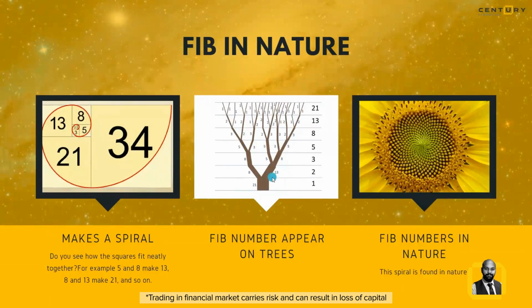Looking at a tree now, you can do this experiment at home if you have a lot of plants. I would recommend looking at a plant which has fewer branches, so it's easier to count the number of branches on that particular plant. You see this tree also follows a Fibonacci series.